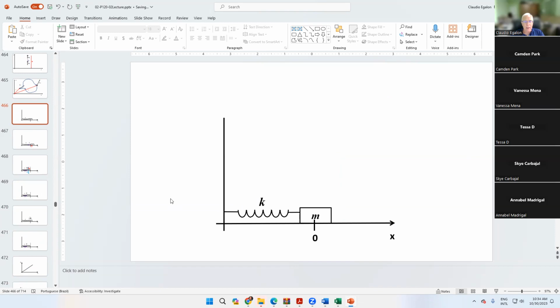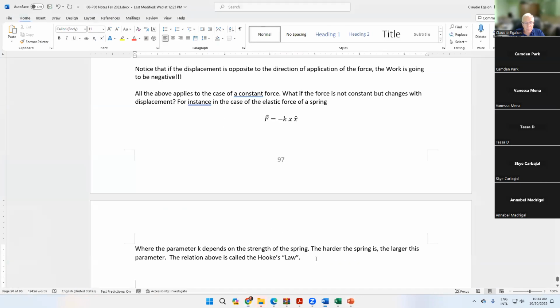The spring is attached to the mass, and the spring has a constant K. The larger the K, the stiffer the spring is.